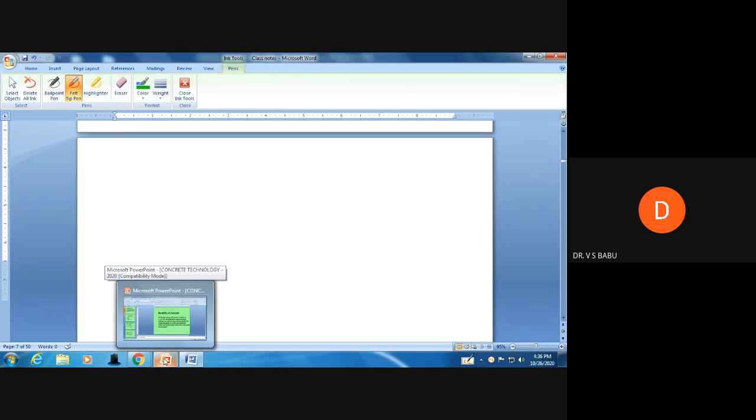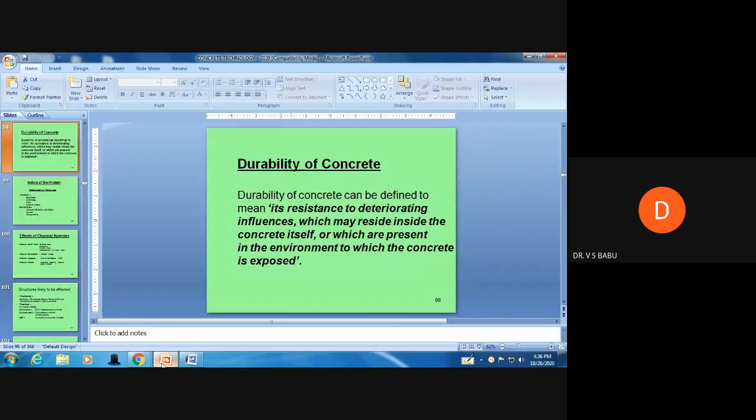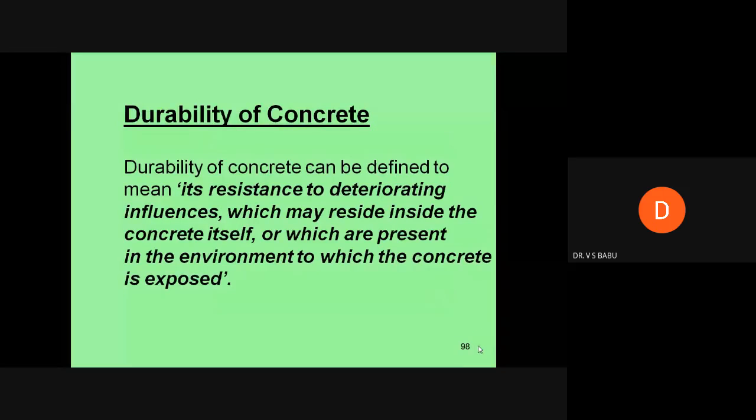Suppose in our body also there are some poisonous materials. Our organic system also has some components inside that damage our body. Some external agencies, like flu virus, cough and fever, are also external agencies. In a similar way, the concrete is also damaged by two agencies: internal agencies and external agencies.